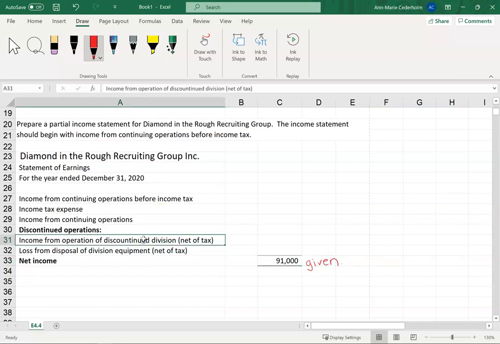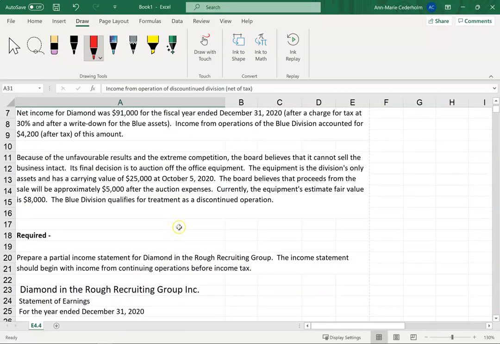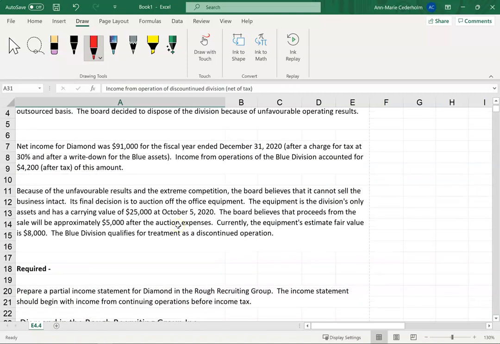Now let's see what else they gave us. So they told us that income from operations of the blue division accounted for $4,200 after tax. So they gave us this number here. So we can go ahead and put that amount in.